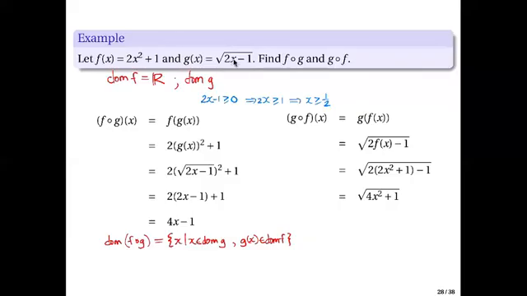You don't want your radicand here, your 2x minus 1, to be less than 0. So you need 2x minus 1 to be greater than or equal to 0. Which means the domain of G is the interval 1/2 up to plus infinity. Okay?